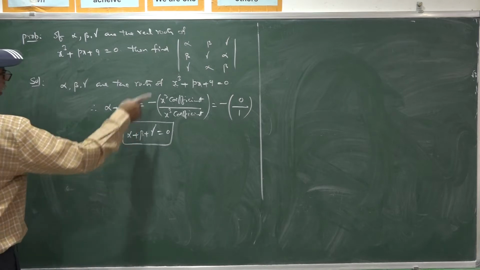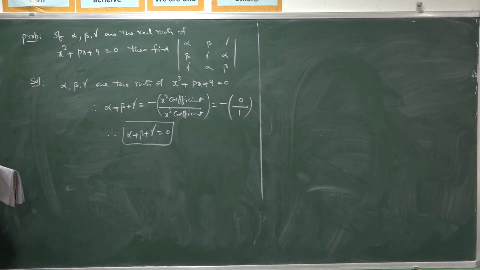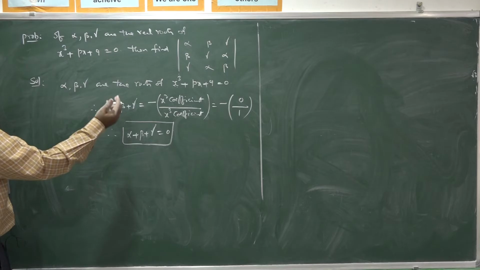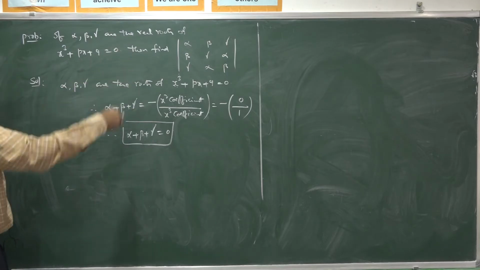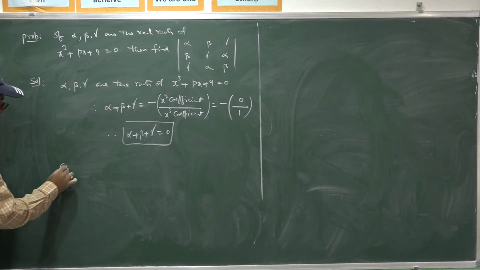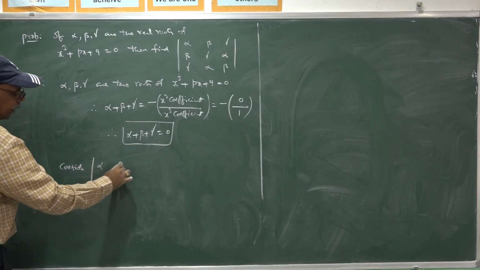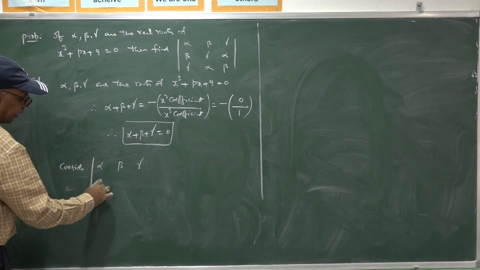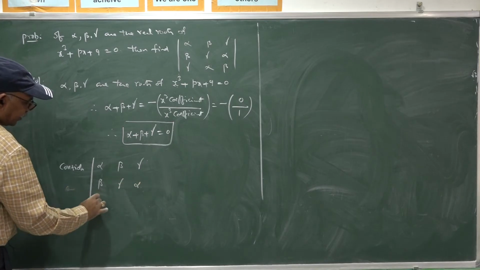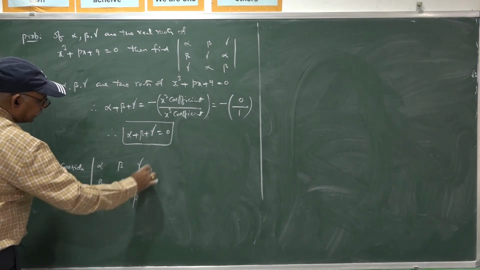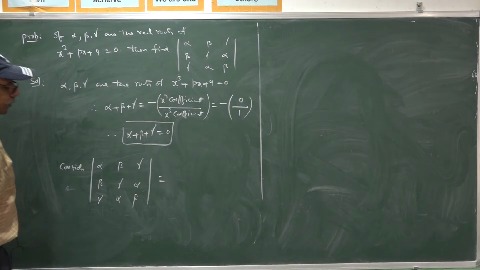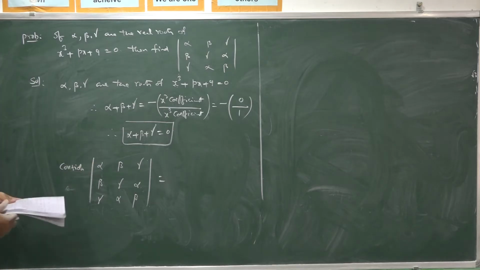Now, with the help of this relation, you have to find the determinant value. Now, consider the determinant alpha, beta, gamma; beta, gamma, alpha; gamma, alpha, beta. Clearly, this is symmetric.